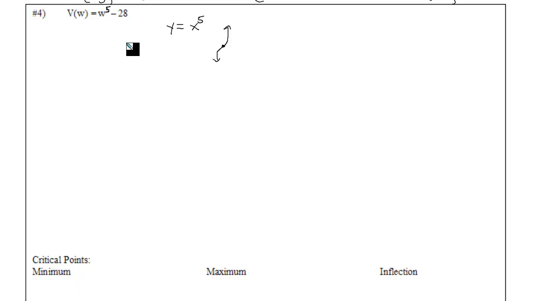This is in the same form of that, but it's got this minus 28, so it takes it and translates it down 28. So instead of being up here like this, it's down here like this. That inflection point is 0, negative 28.